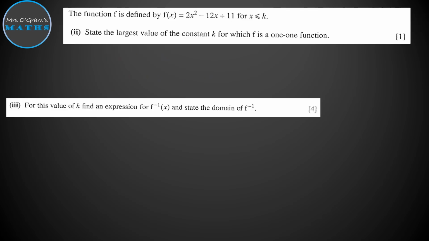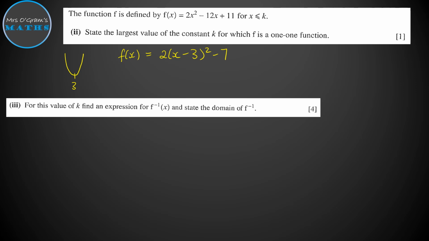Part 2 leads on from part 1, and we want to know when it's 1-to-1, and that will be something to do with the shape of it, which is like this. So we need to use part 1 and express that in the form that we just worked out, so we can see what's going on a little bit more easily. This curve here will bottom out at its stationary point when x is 3.